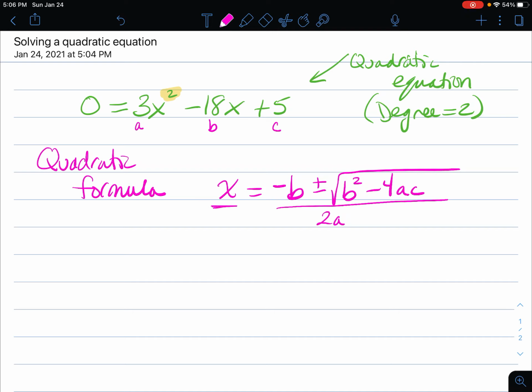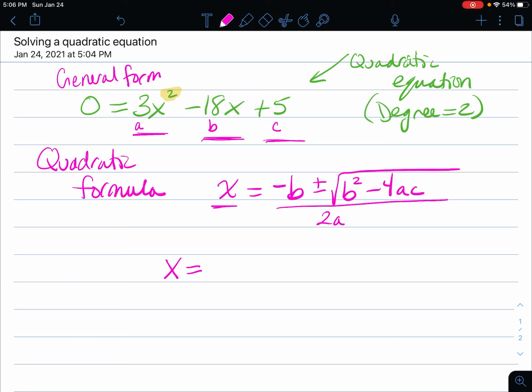We always want to make sure we say what are we solving for. We're solving in this case for the variable x. And please notice that we start in general form, which means we have the highest exponent on the variable, then the exponent that comes next, and then the constant.